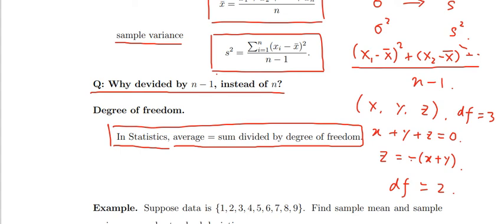Like we have those numbers. So let's say we have x1 minus x bar, right? X2 minus x bar, and then xn minus x bar, right? We have those n numbers, but these n numbers are not independent. They are dependent. They have some relationship.